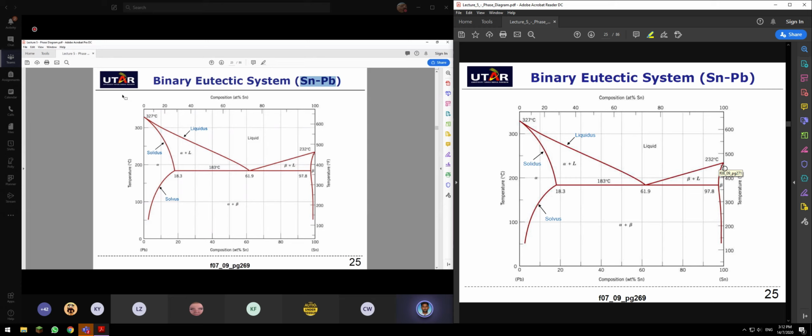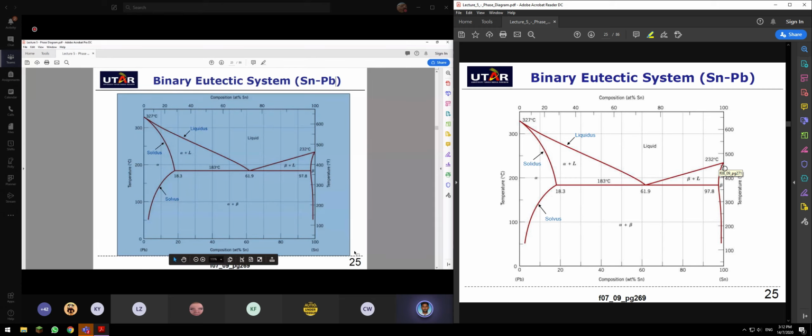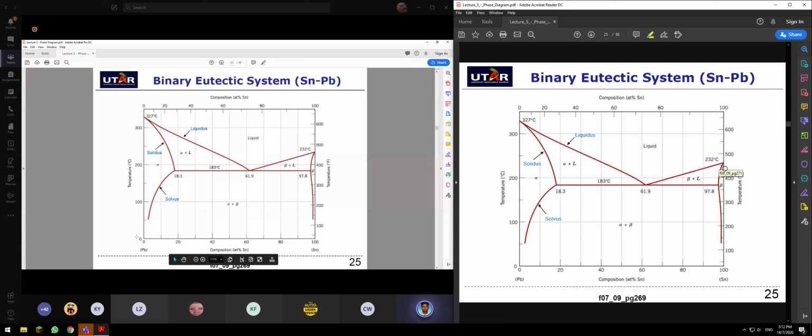If you look at this phase diagram, same thing: on the x-axis is the composition, here 0% tin, 100% tin. Here 100% lead, 0% lead.